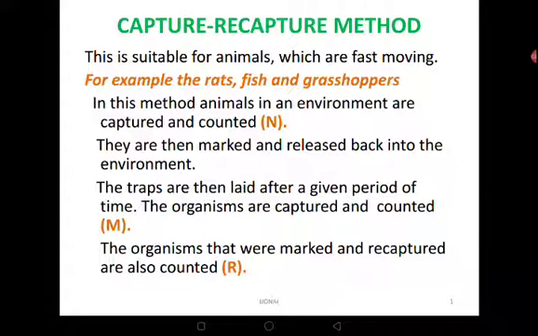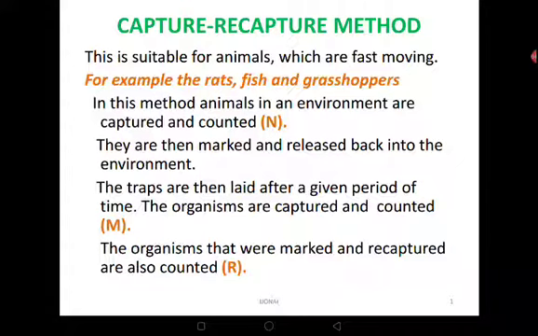You can call the total population P, and it is equal to the number of organisms in the first capture, N, times the number of organisms in the second capture, M, divided by the number of organisms in the second capture that had the marks, R. That would be your total population. As simple as that.